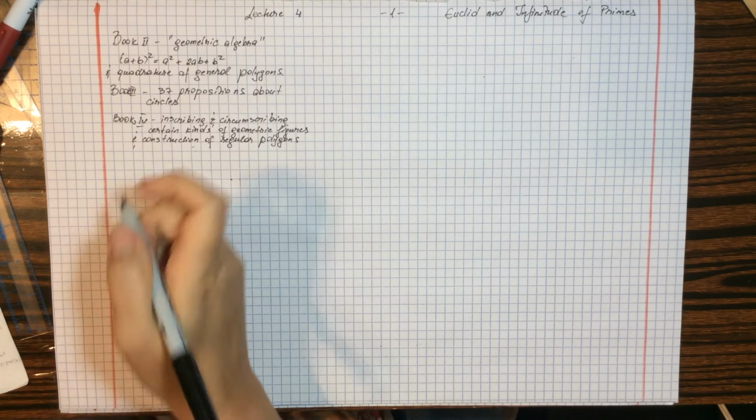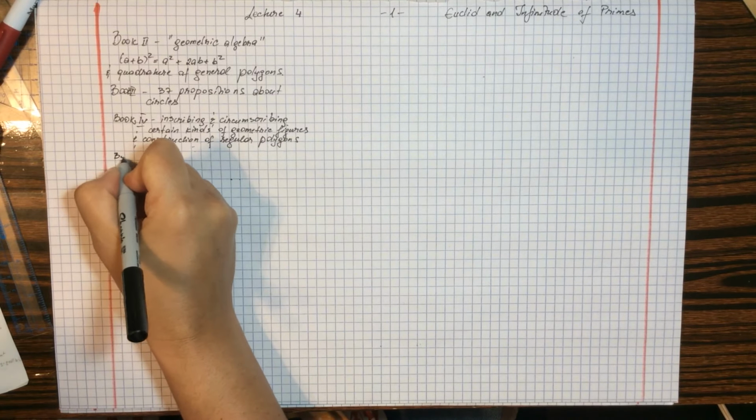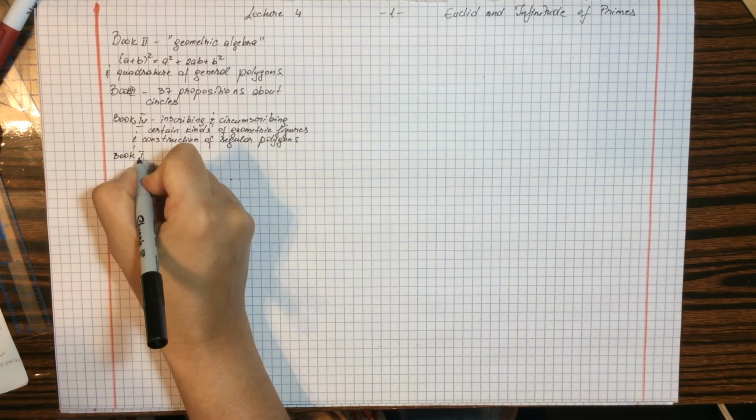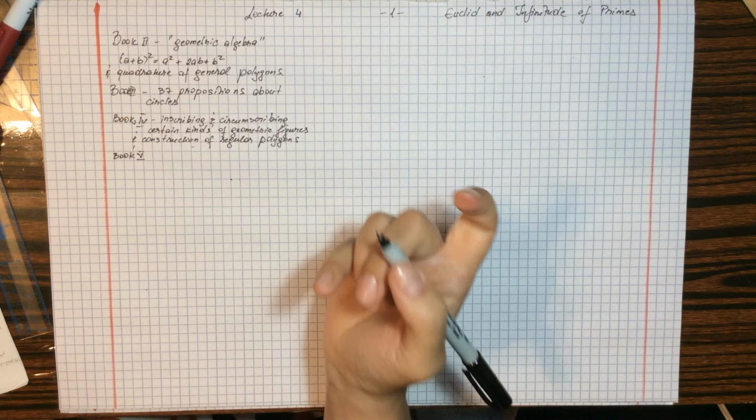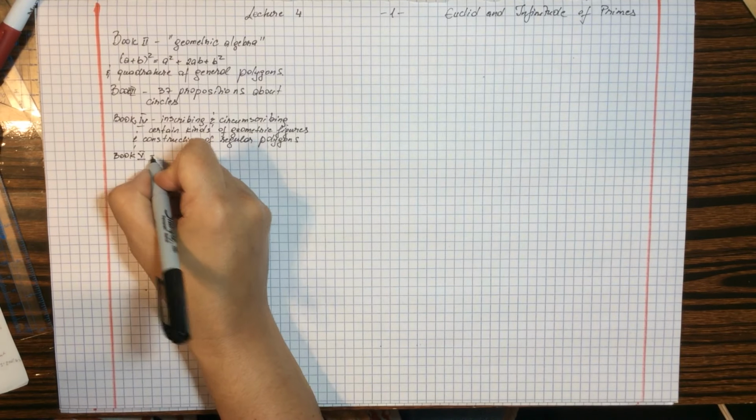Book number 5, and I mentioned that in previous lectures, was all about the incommensurable magnitudes, or otherwise known as irrational numbers.